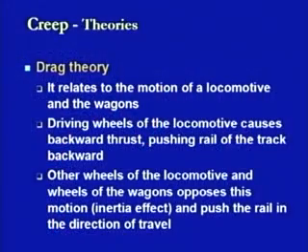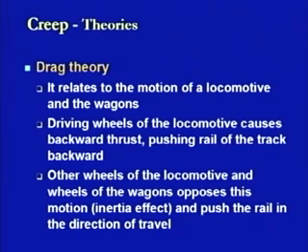Another condition is the wagons which have been provided at the back of the locomotive. Now, these wagons try to remain in their position because of Newton's law, and therefore they will try to resist by providing a force which acts in the forward direction.